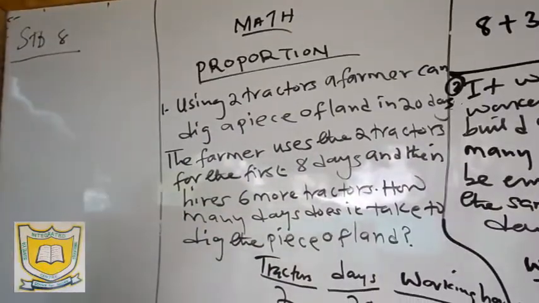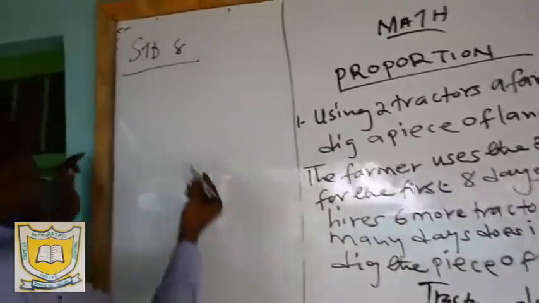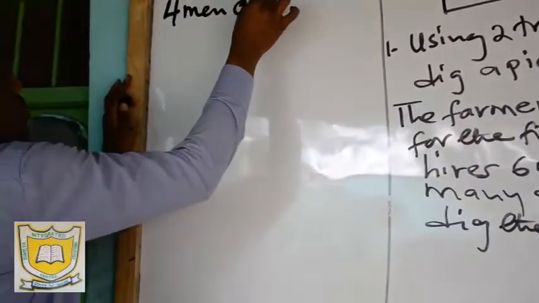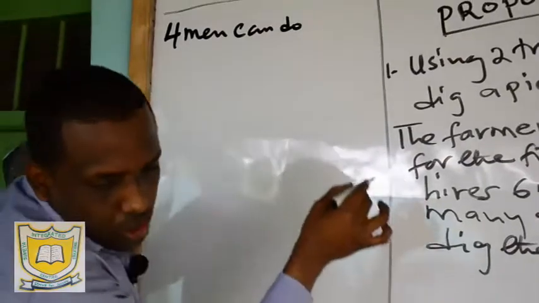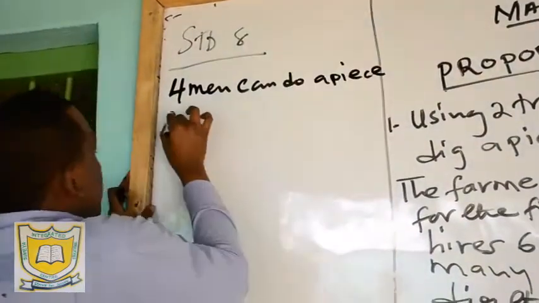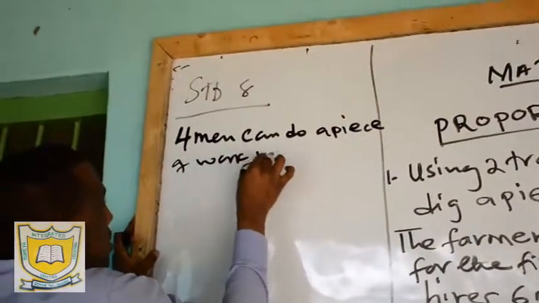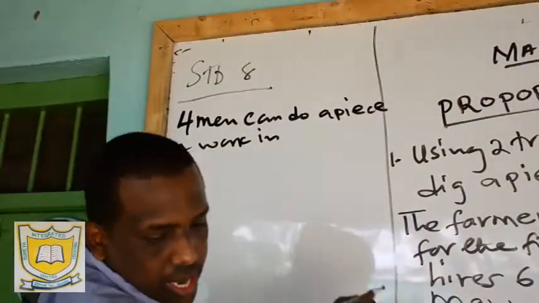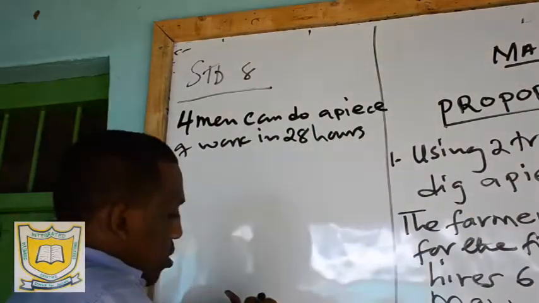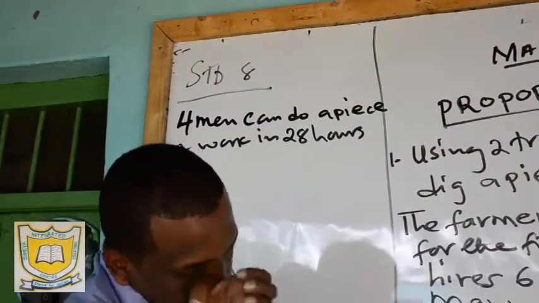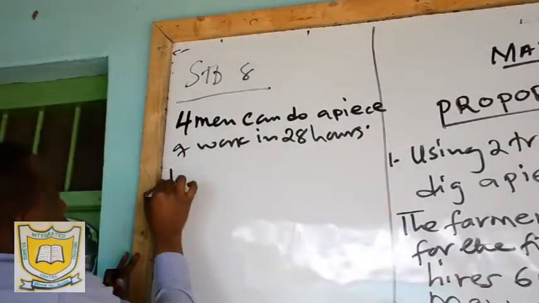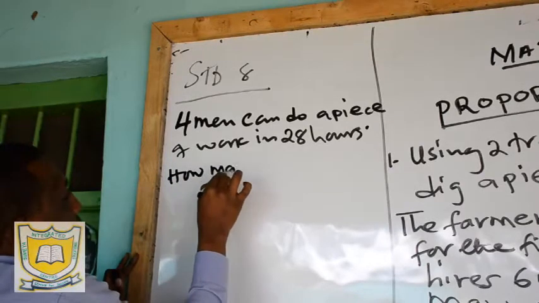Another one. You are told 4 men can do a piece of work in 28 hours.